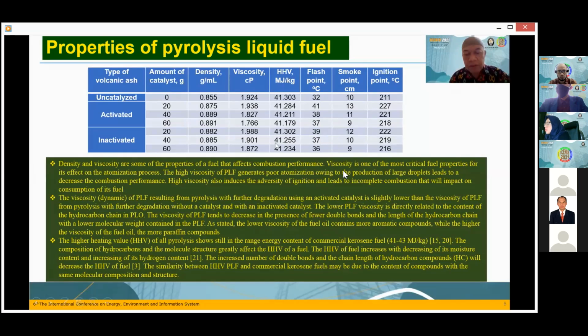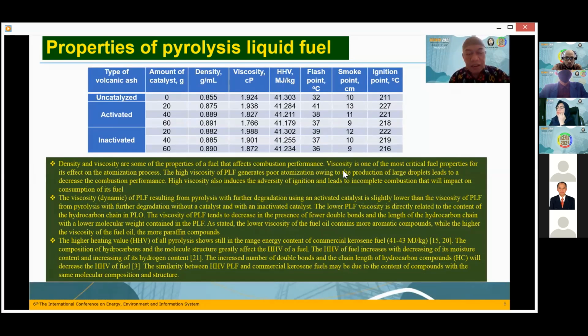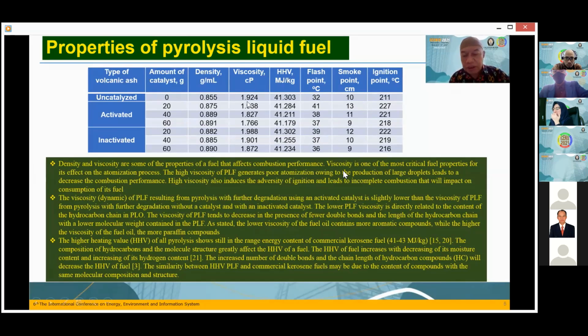The pyrolysis liquid fuel resulting from pyrolysis of styrofoam, both with and without catalyst, is still in the density and viscosity range of commercial kerosene.